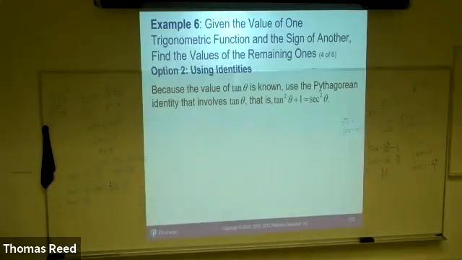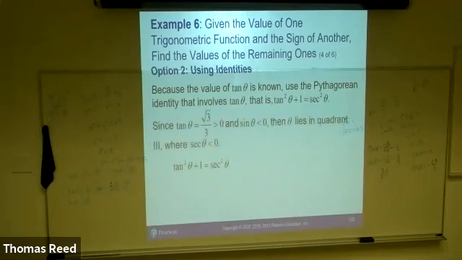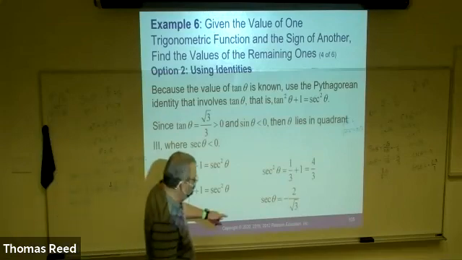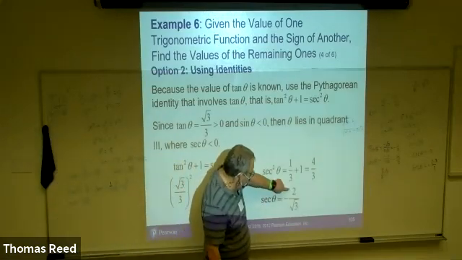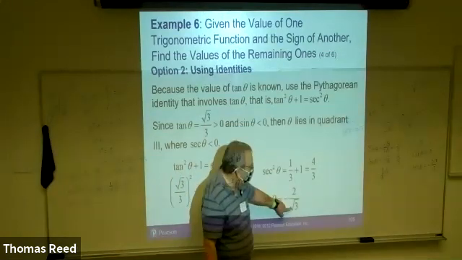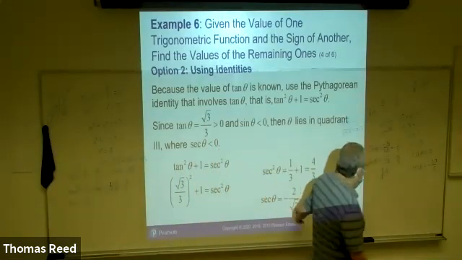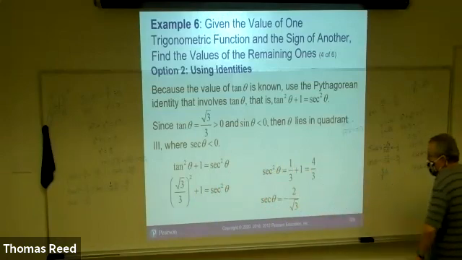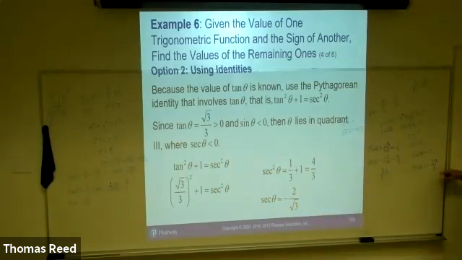So secant squared is 4/3. So you take the square root of numerator and denominator, and you get 2 divided by square root of 3, negative. And then you simplify that, and you wind up with this.